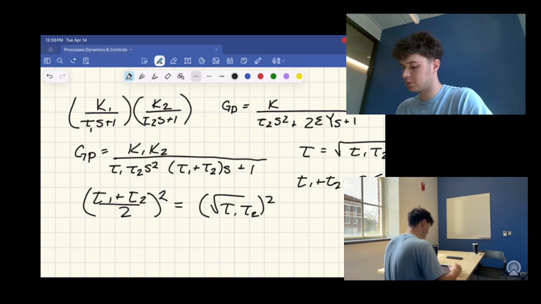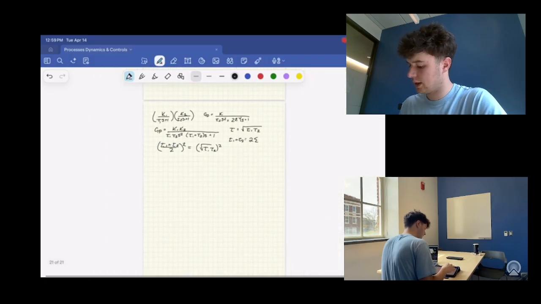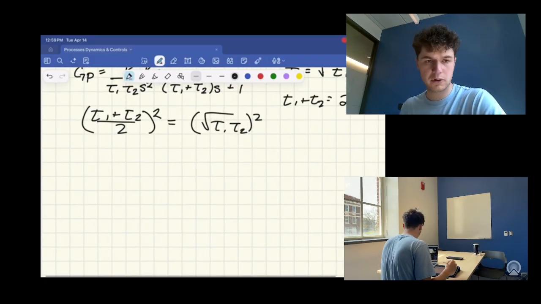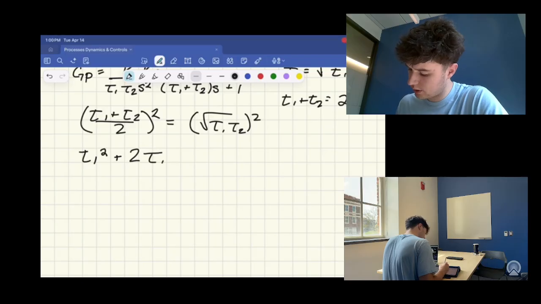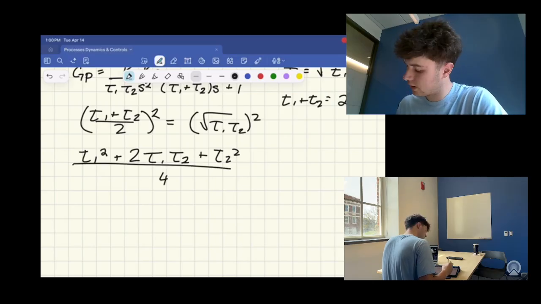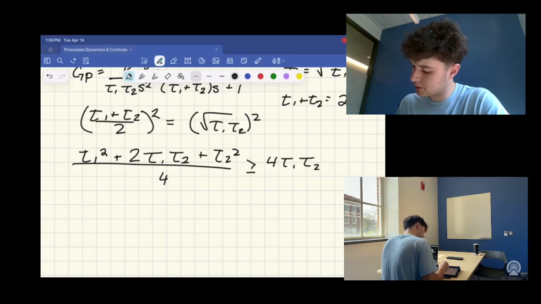So now we're just a few steps away from getting the actual equation that we're looking for. You're going to rewrite this as tau 1 squared plus 2 times tau 1 times tau 2 plus tau 2 squared, all divided by 4, is greater than or equal to tau 1 tau 2. I also misspoke here. There's no zeta there.